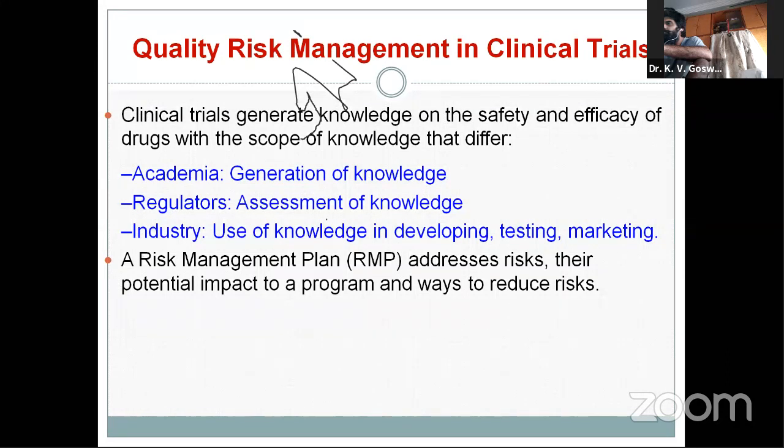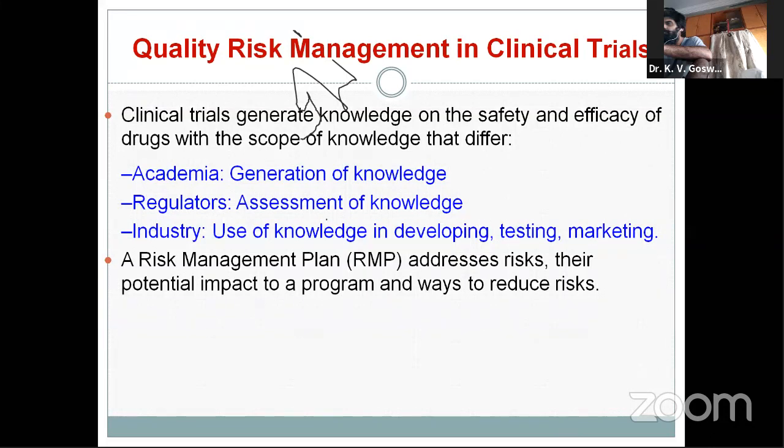So all these issues that I just spoke about, the probable quality related issues, can be addressed by having a risk management plan in place. That's a way to go, where the risk management plan is a live document where we say, okay, these are the risks. In the beginning, we say that these are the risks associated with the whole program, and where we can think that there can be a problem.